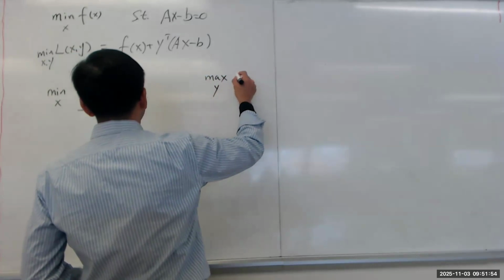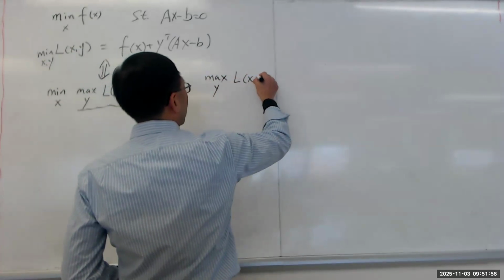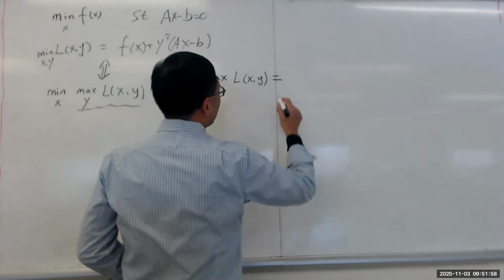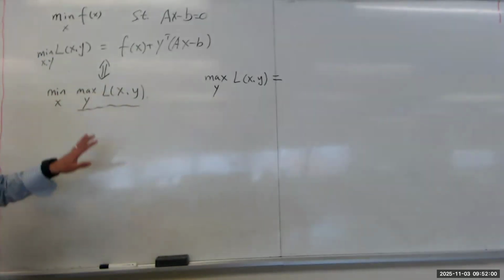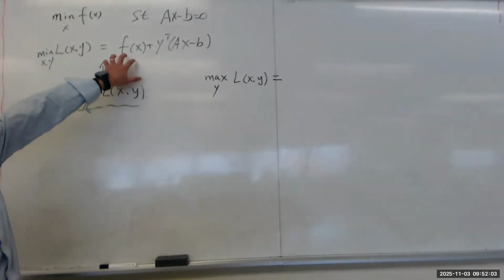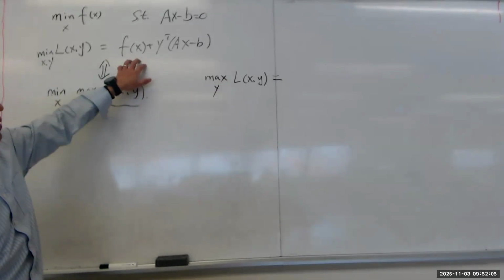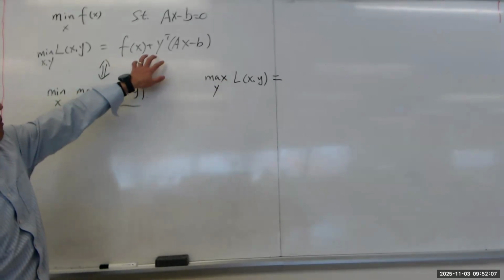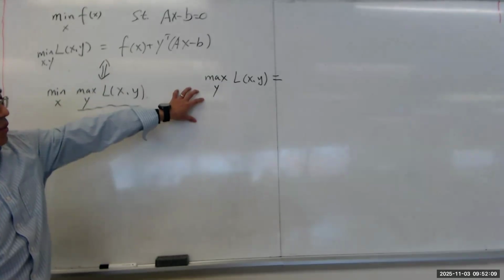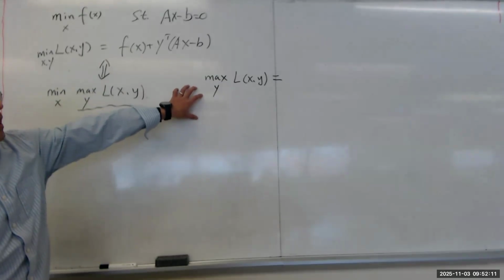So maximize over y of L(x, y). Let's break this down. L(x, y) is equal to this. Now you want to maximize this with respect to y.